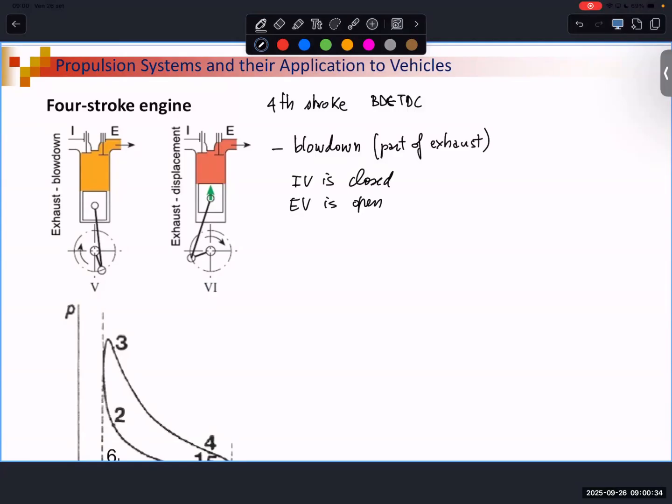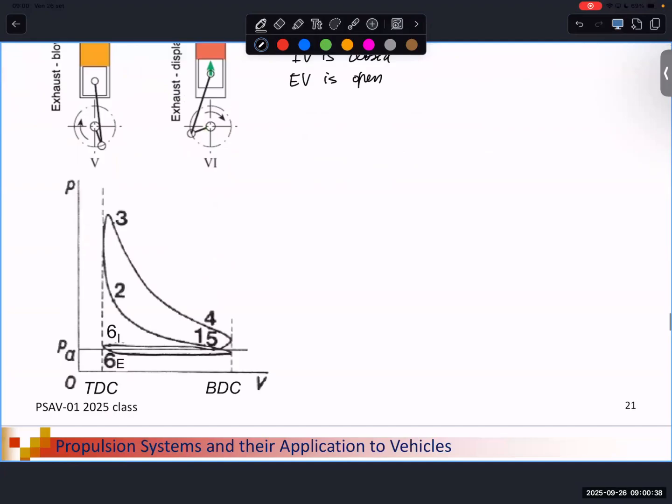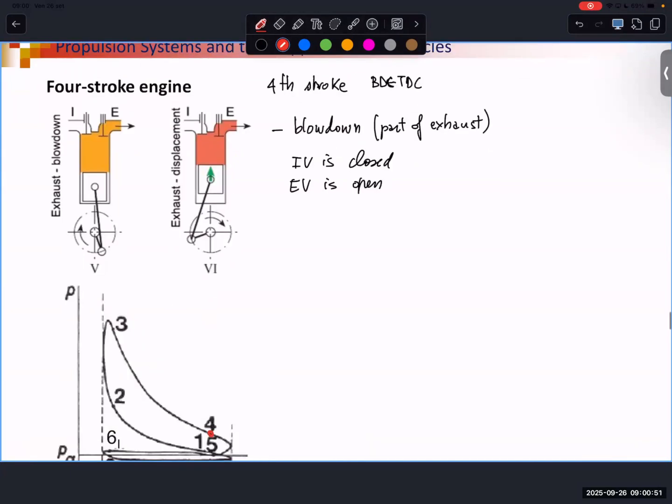When you open the exhaust valve, the pressure in the cylinder is still high, because 4 is this one. When you consider the opening of the valve, this is going from 4 to 5.